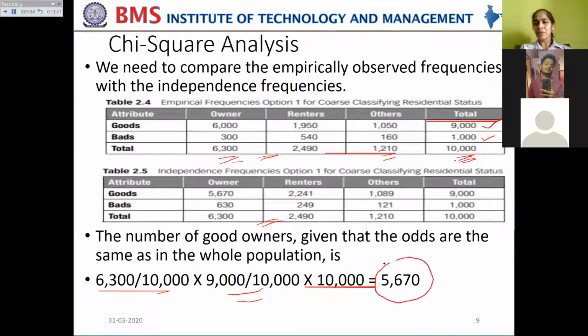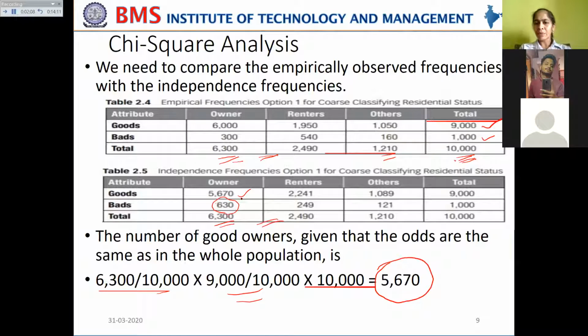This formula gives you the independence frequency for good owners, which we have placed in our table. The total owners will not change, that is why we have taken 6,300 here, and the independence frequency we have calculated as 5,670. Now 6,300 minus 5,670 will give you the bad owners.